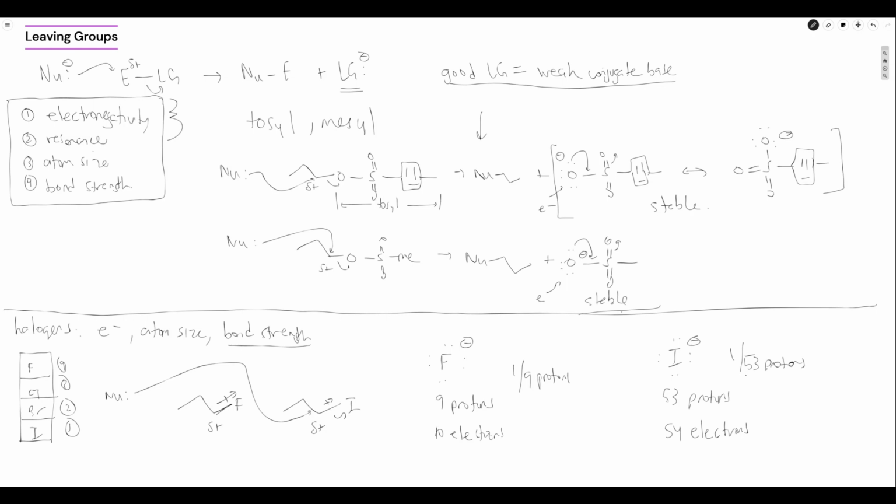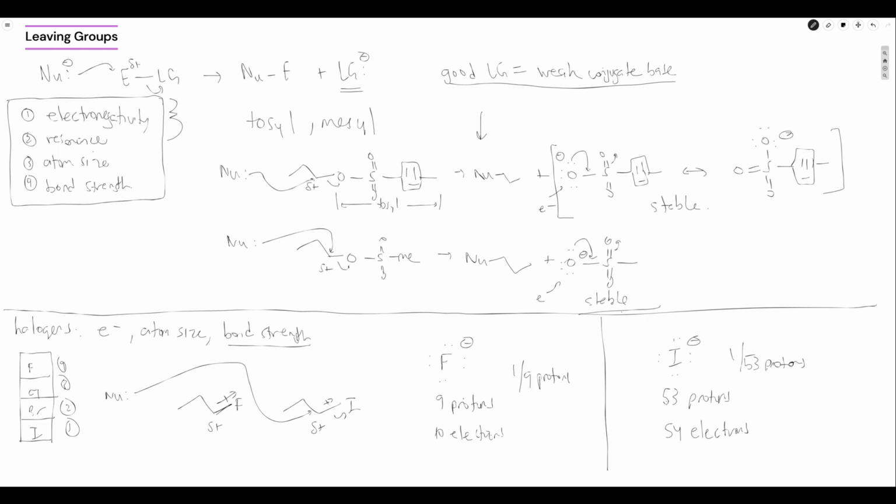So for iodide, it's much, much easier for that one extra electron to hide out in the electron cloud, you can say. The nucleus of 53 protons is sufficiently large that accommodating one extra electron is not that big of a deal. It's only 1 per 53. So the size helps the atom accommodate the one extra electron.